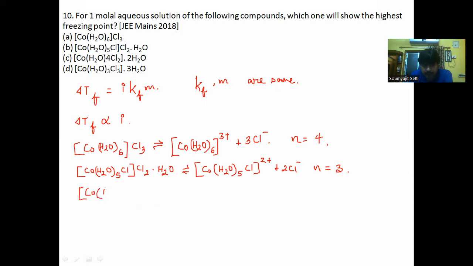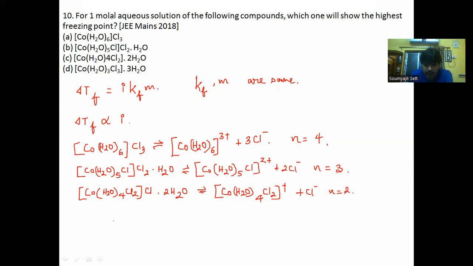Similarly, from the next one we will get this kind of dissociation, that is n is equal to 2.